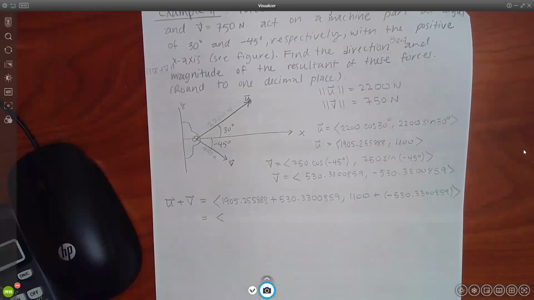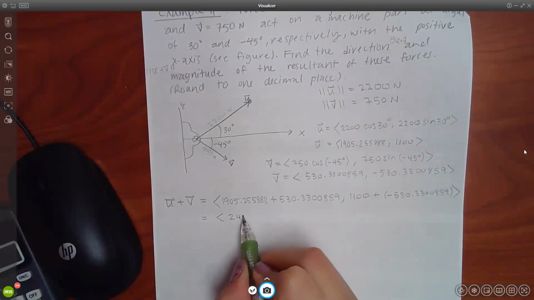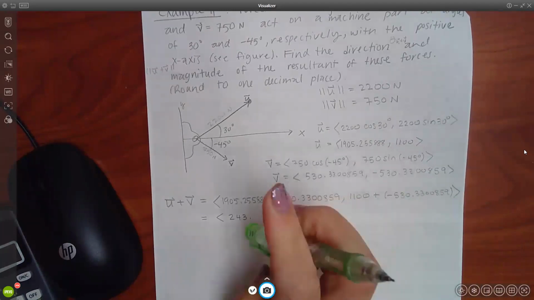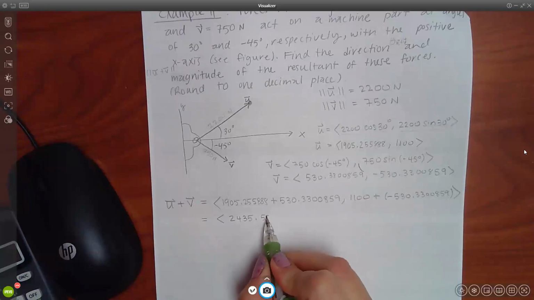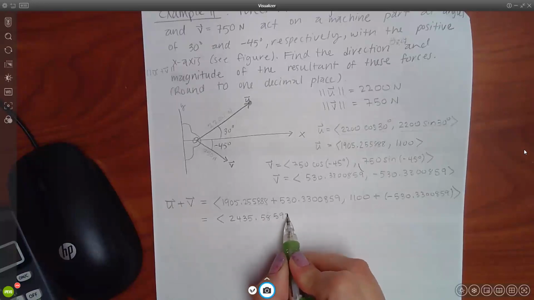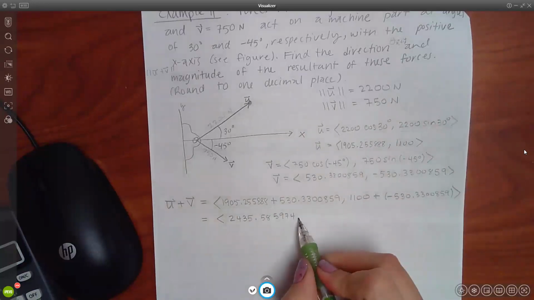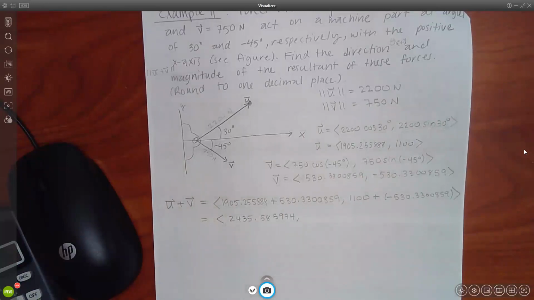Let's see, what do we get? 1905.888 plus 530.3300859. But if you round too soon, chances are you'll get the wrong answer.